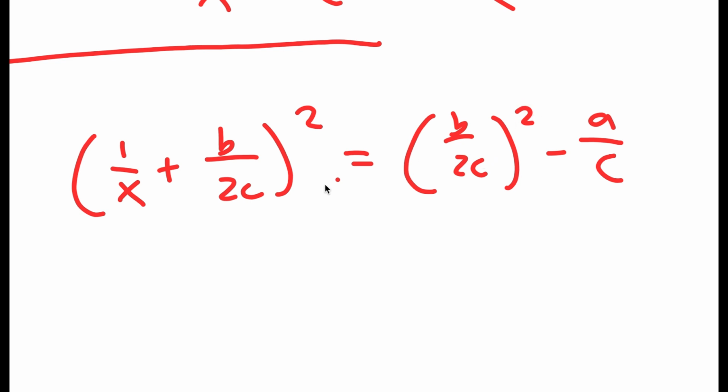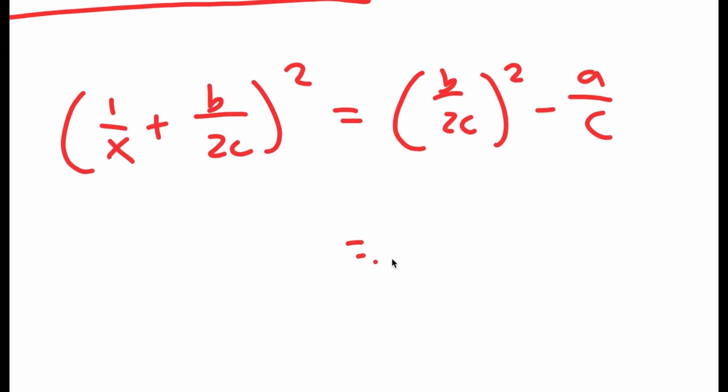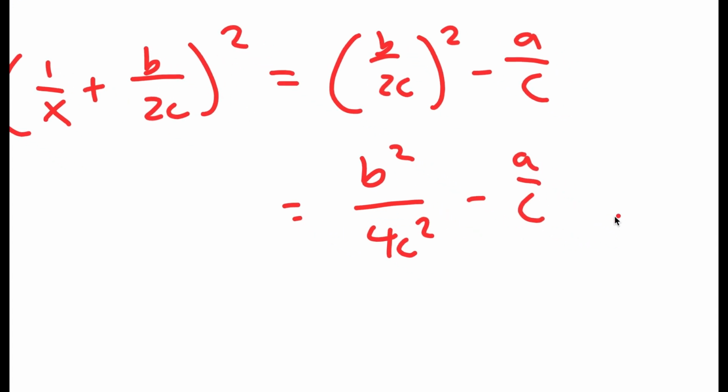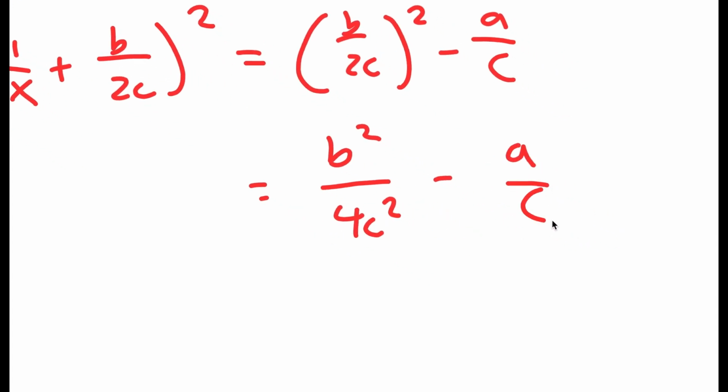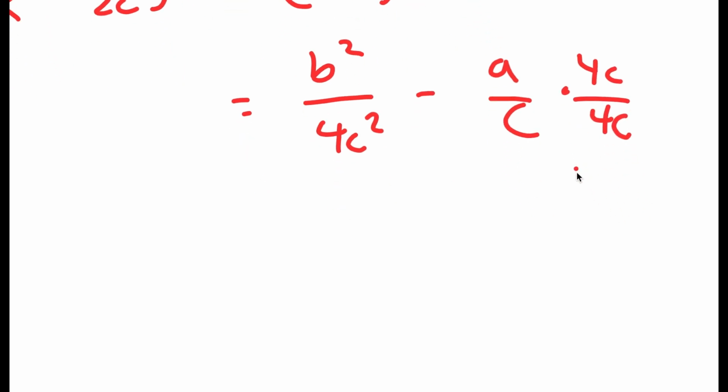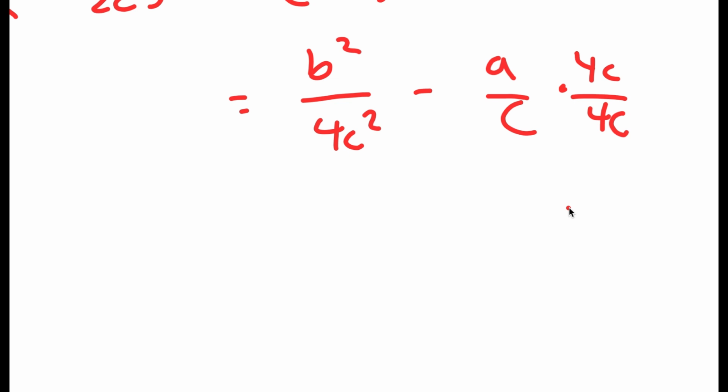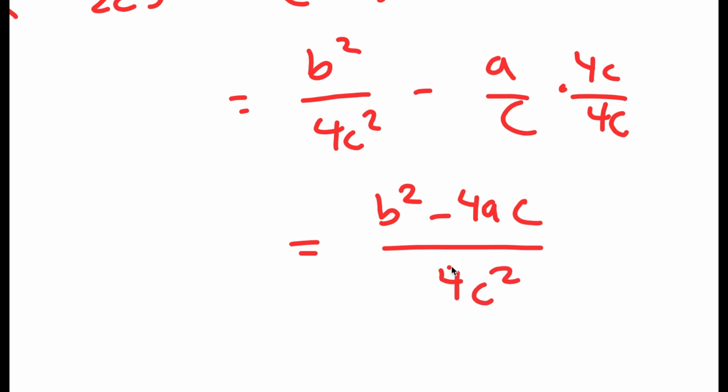Now b over 2c squared is the same thing as b squared over 2c squared, which is 4c squared, minus a over c. And what I'm going to do is rewrite a over c as a over c times 4c over 4c. 4c over 4c is 1, so that doesn't make a difference. And now this is equal to b squared minus 4ac over 4c squared.